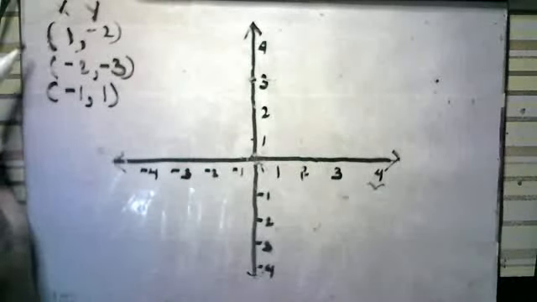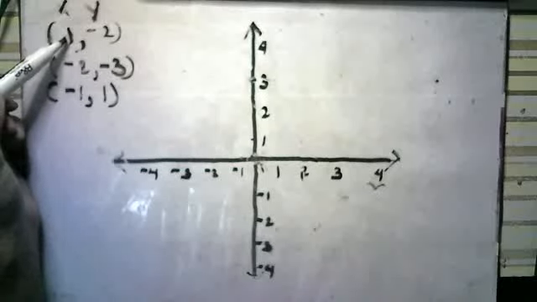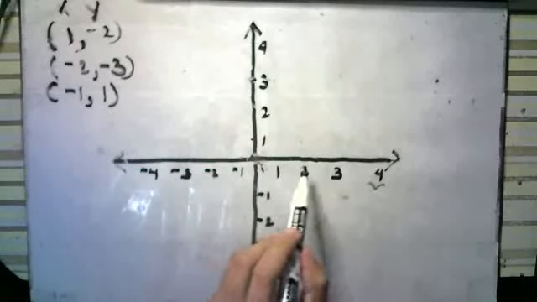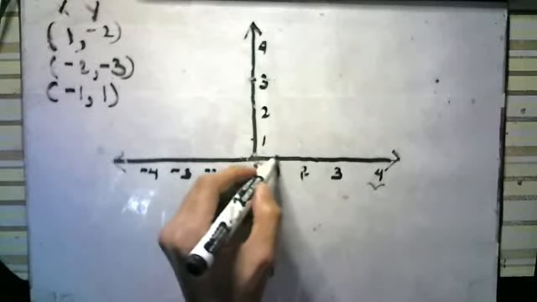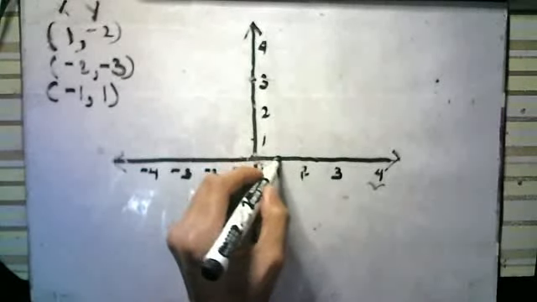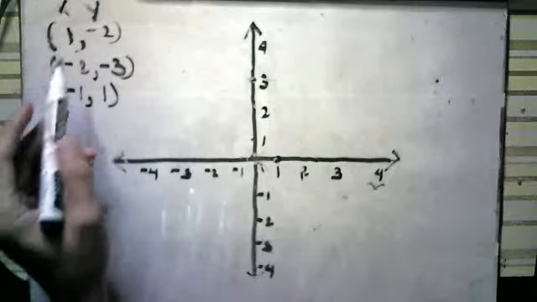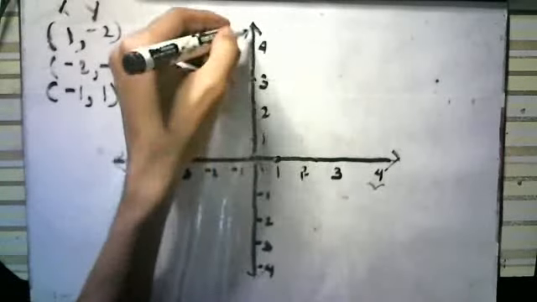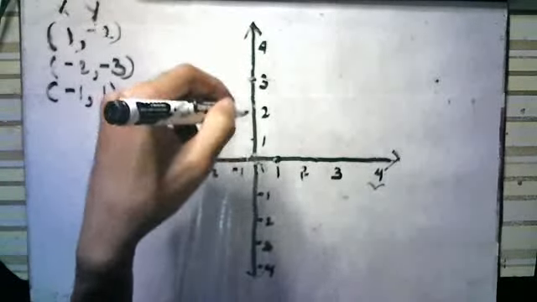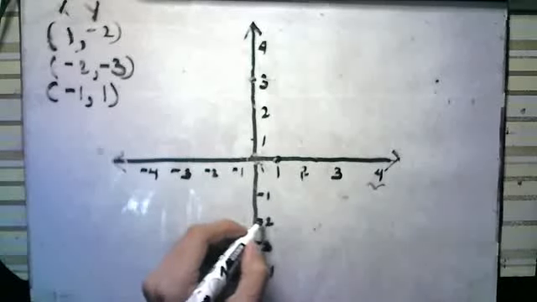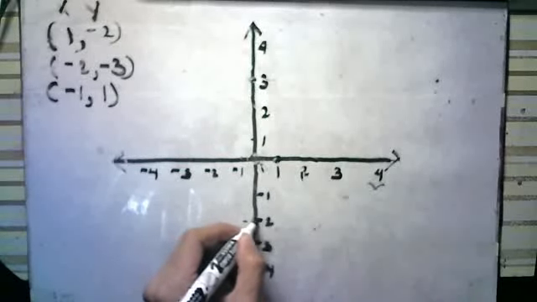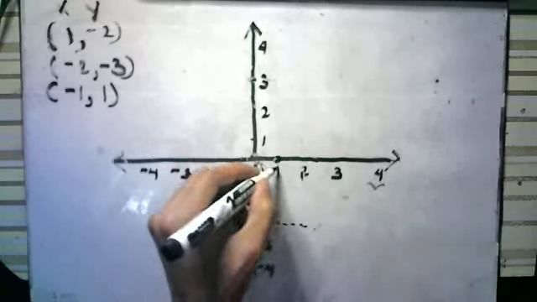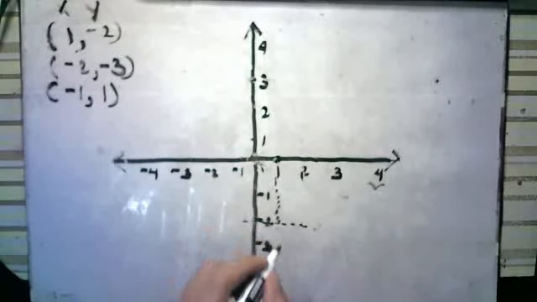Let's start with number 1. That will be 1, negative 2. Hanapin muna natin si 1 sa x-axis and this will be your 1. Nakikita? And then, negative 2. Negative y-axis, laging nasa baba ang negative. So, nandito. Then, you need to make an imaginary line.